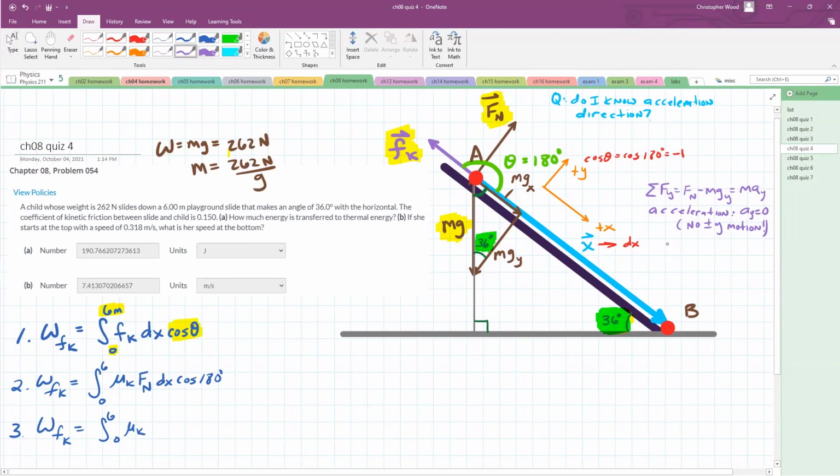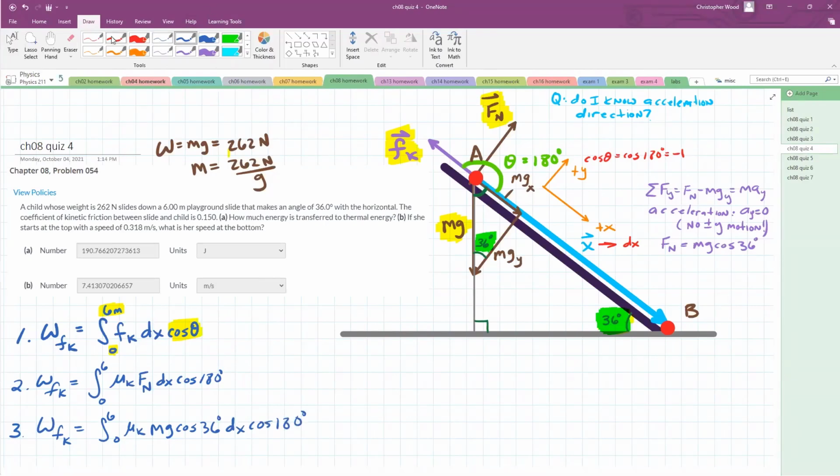This is why we can say the normal force is equal to mgy, which is mg cosine of that 36-degree angle. Maybe we should have used a different symbol, but I already used theta here, so I wanted to avoid confusion. All right, so back to step 3. Here's my normal force, mg cosine of 36 degrees, dx, cosine of 180.